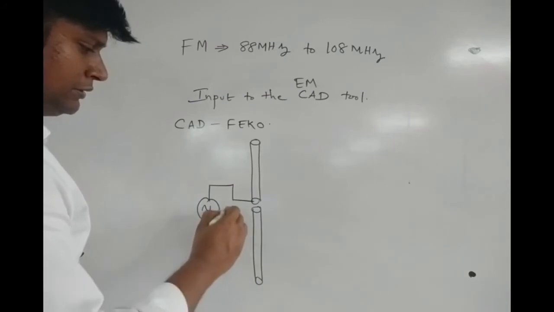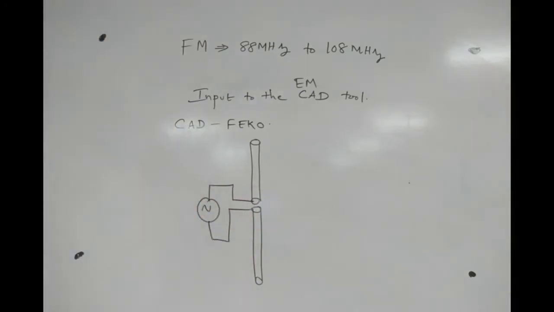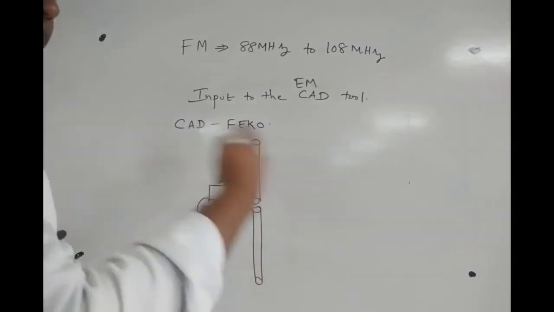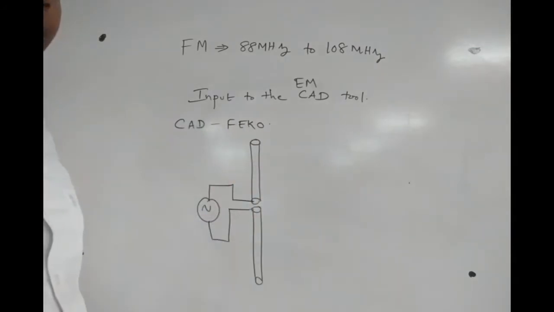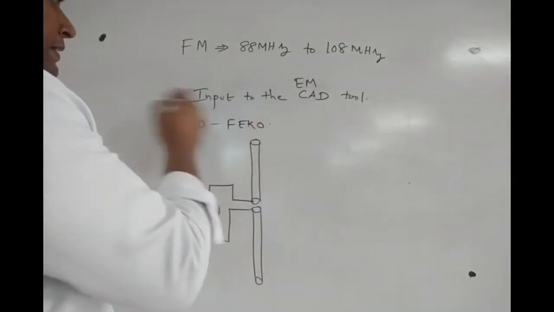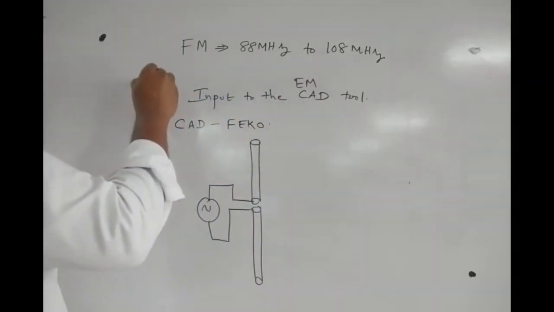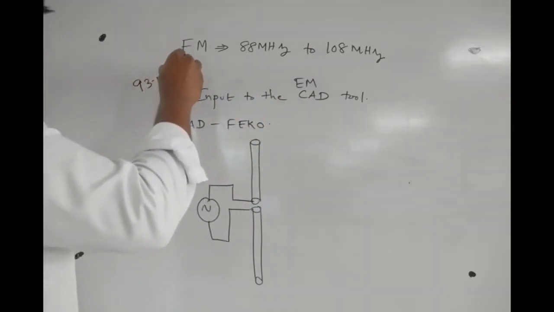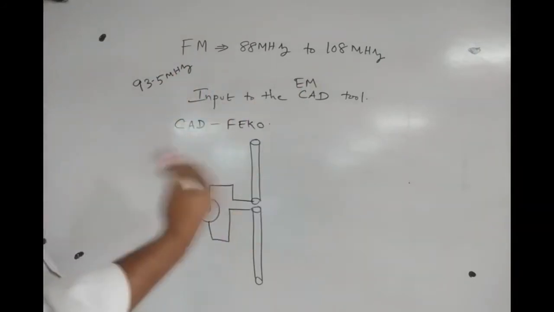So this is what I am going to do with the CAD tool, and I am going to see how the radiation would come out of this antenna, whether I am getting the maximum radiation for the design frequency. My design frequency is 93.5 megahertz.